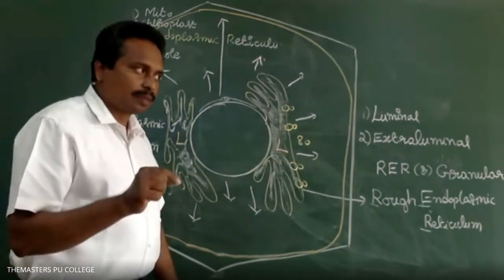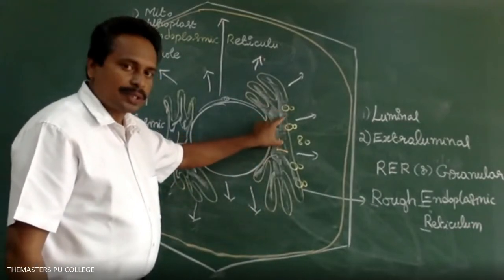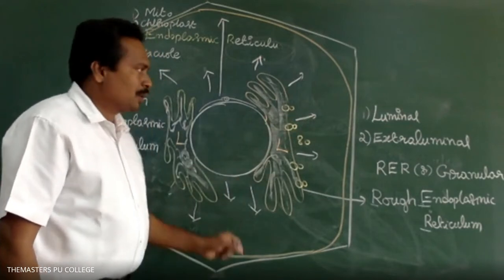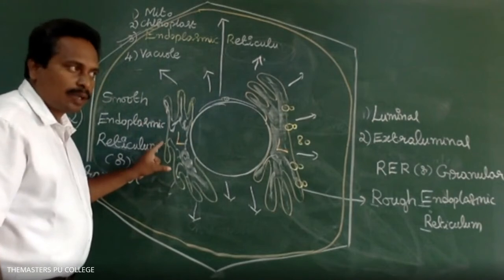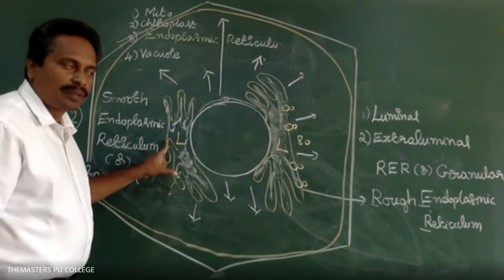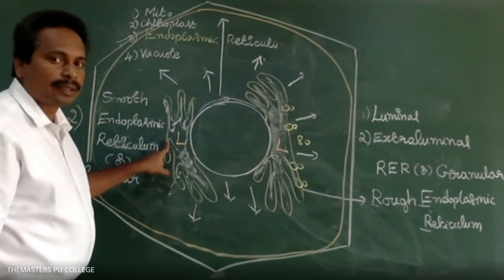So due to the presence of ribosomes, the endoplasmic reticulum is rough in nature, that's called rough endoplasmic reticulum. Due to the absence of ribosomes on its surface in some endoplasmic reticulum, it is smooth in nature, and such type is called smooth endoplasmic reticulum.